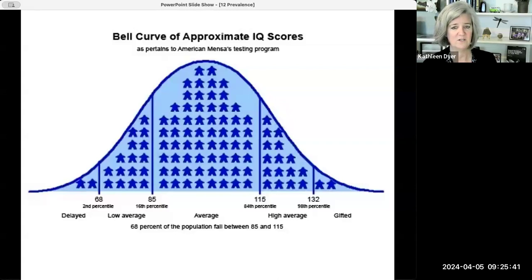One standard deviation would get you from a score of 85 to a score of 115. And that is 65% of the population has an IQ between 85 and 115. And then 95% of the population has a score within 2 standard deviations. So from 68 to 132. I hope that is one you've seen before.